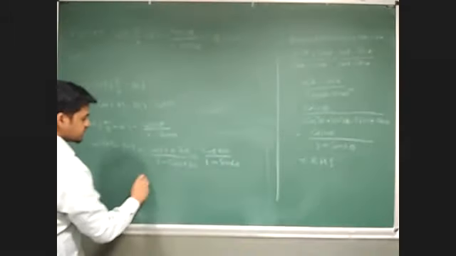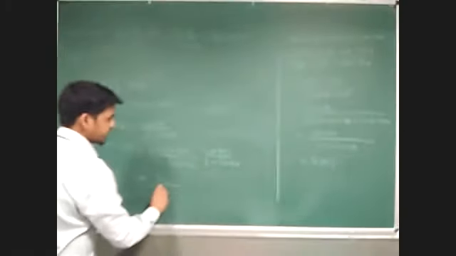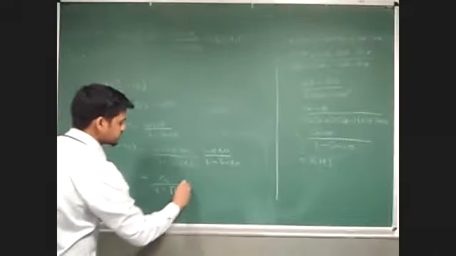Cos 60 is 1 by 2, and sin 60 is root 3 by 2.